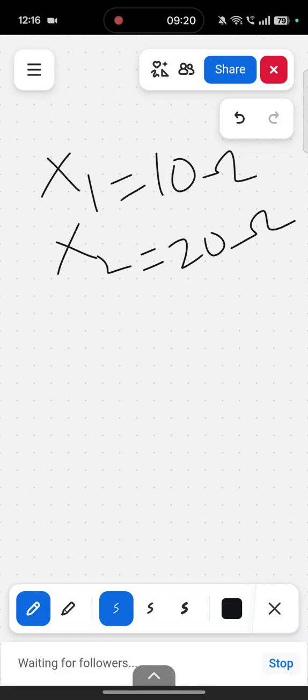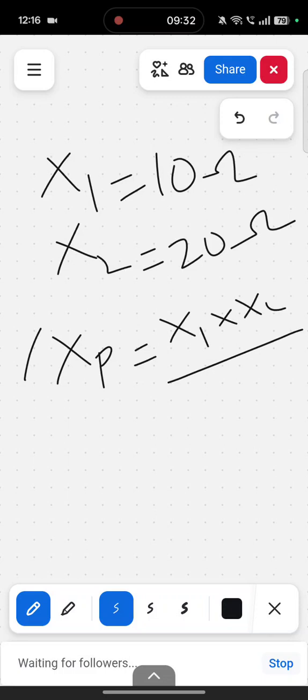So xp will be x1 into x2 divided by x1 plus x2. Correct? 1 upon xp is 1 upon x1 plus 1 upon x2. After doing the multiplication you will get this.